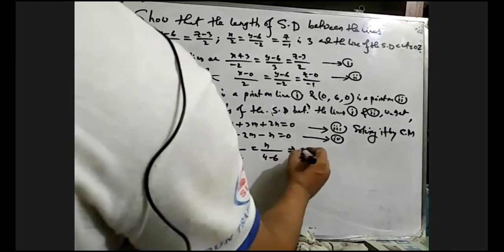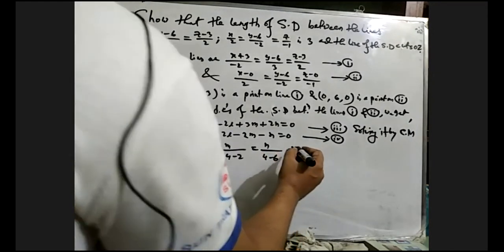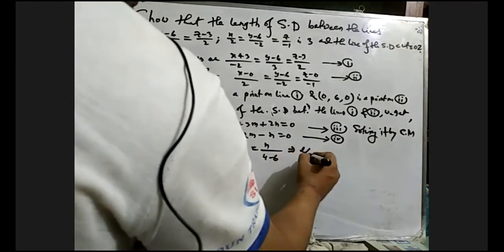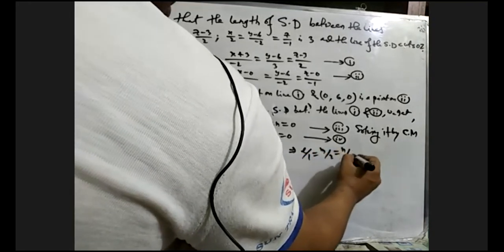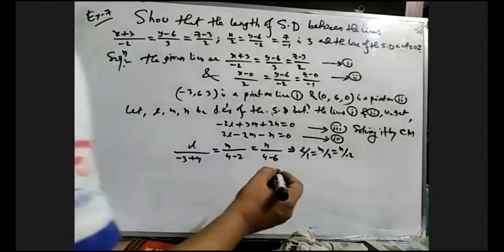So we get L divided by 1, M divided by 2, and N divided by minus 2.